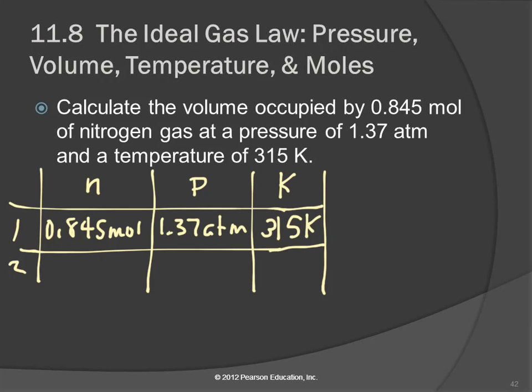We ran out of numbers. There's no second row. You see that? So I'm going to erase the second row because we don't need it. But was it a waste to make the table? No, we've got our numbers written out and they're all labeled, so it's not a waste of time.